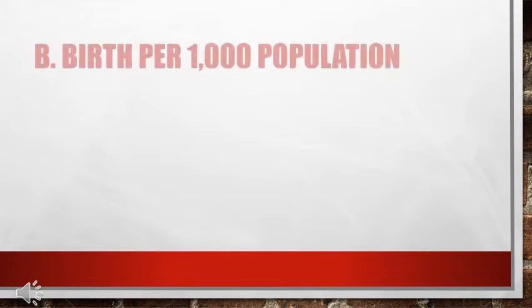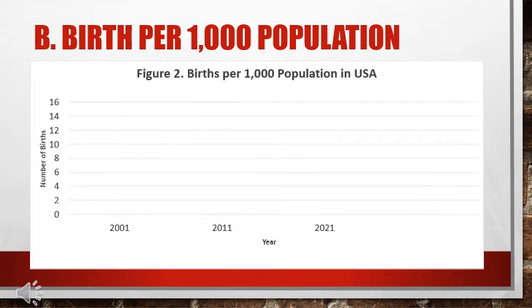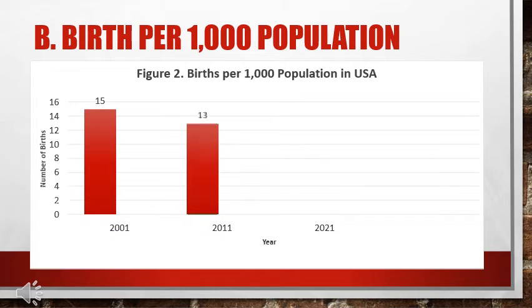Figure 2 shows the birth rate in USA. The number of births in 2001, 2011, and 2021 are 15, 13, and 11. The figure displays that the number of births per 1,000 population from 2001 to 2021 is decreasing.